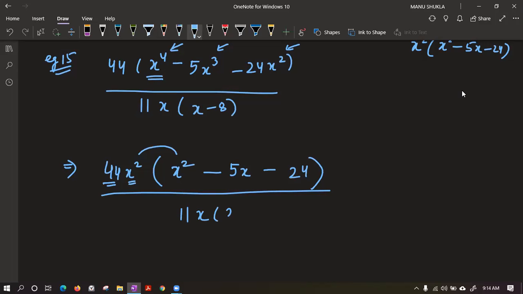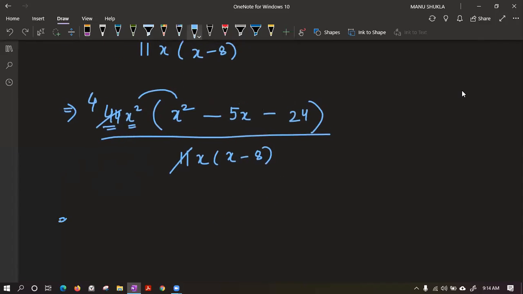So 11x, x minus 8. Now we have to solve further. Class, if you observe now, we can cut 11 and 44, 11 fours are 44. Similarly, this is x and this is x square. Okay, don't cut it like this because it will be confusing.